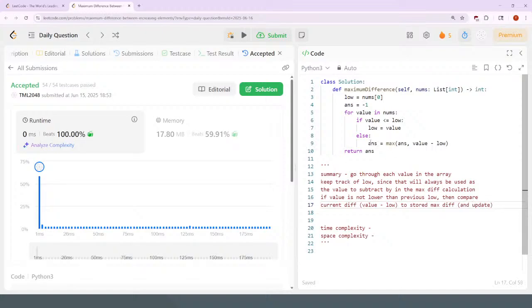So that was this: answer equals the maximum of the previous answer and the current difference.